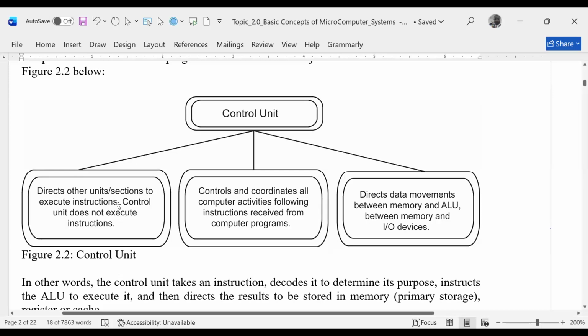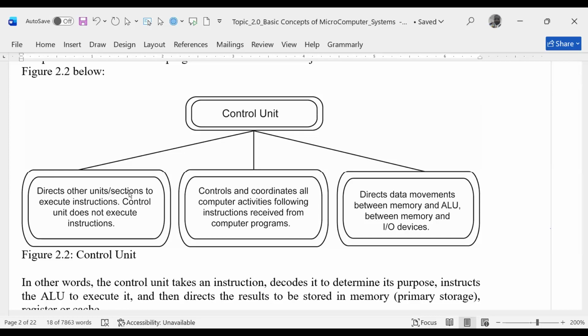More specifically, the control unit does not execute any instruction in computing, does not execute any specific task in computing. The job of the CU is to give direction to the components to perform their job, but it does not perform any practical action in computing.